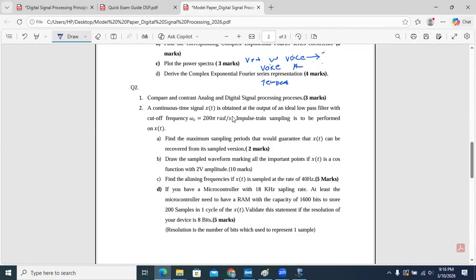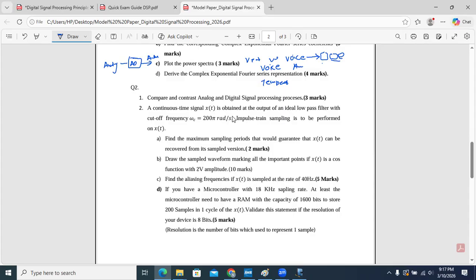Then you can apply an amplifier or filter, or do the signal processing. So the input is an analog signal, then you do the analog processing, that means filtering, amplifying or something, then output the signal. That is also an analog signal.